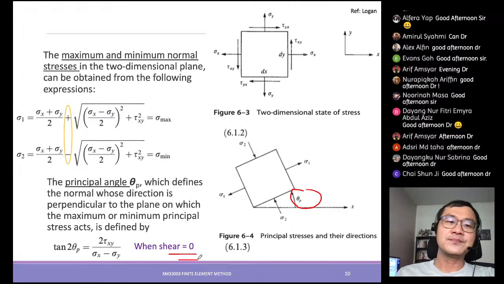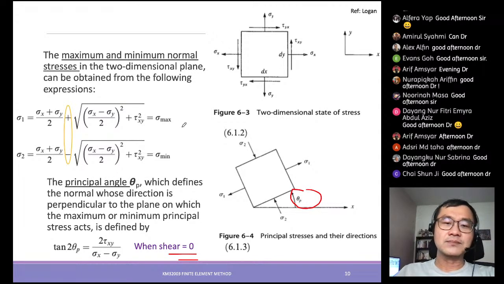This is the basic definition of maximum principal stress and minimum principal stress, a highlight of the stress terms that you have learned previously.